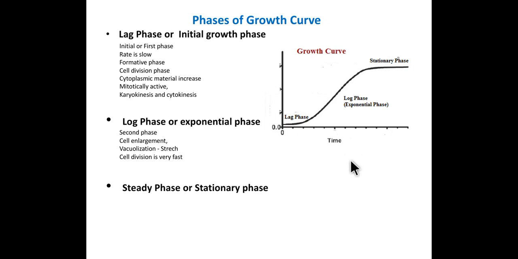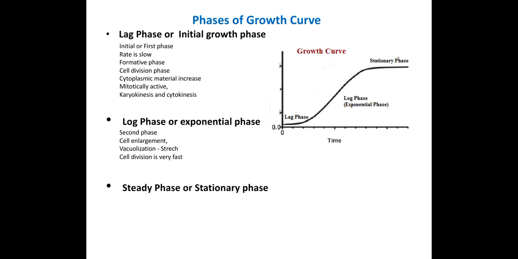In this phase, vacuolization takes place. Stretching or elongation of the cell wall also takes place. Therefore, the size of the organism or cell increases. Cell division is very fast.